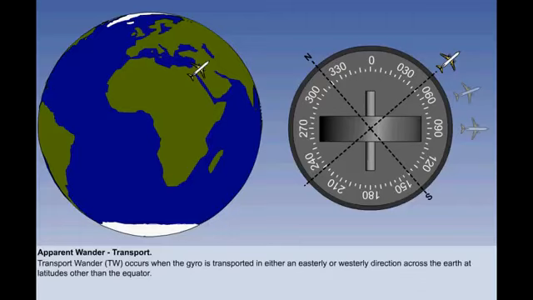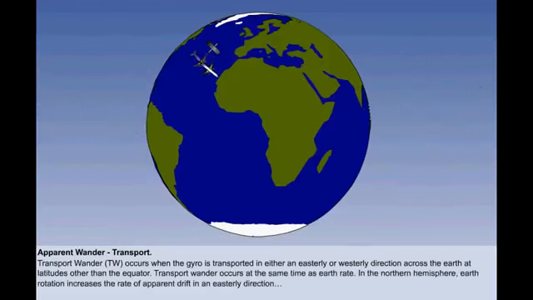But with transport wander, apparent drift or topple occurs because the location of the gyro moves. Transport wander occurs at the same time as Earth rate, and in the northern hemisphere, the effect of the Earth rotation will increase the rate of apparent drift in an easterly direction, because the aircraft and Earth are both moving in the same direction.